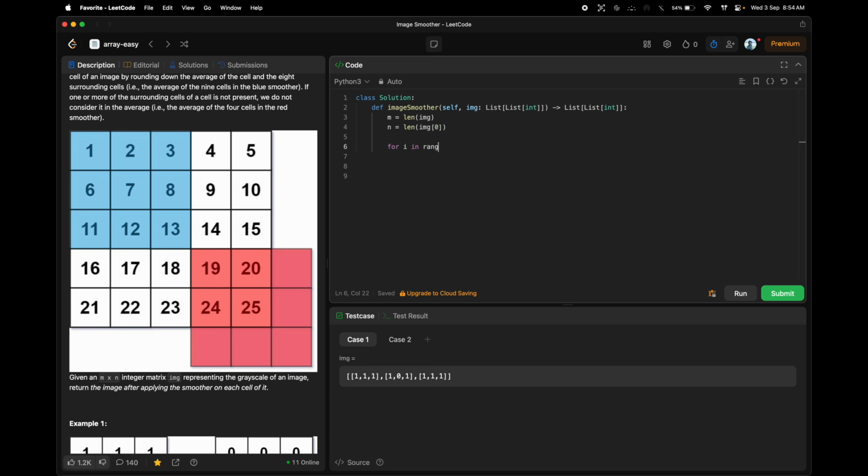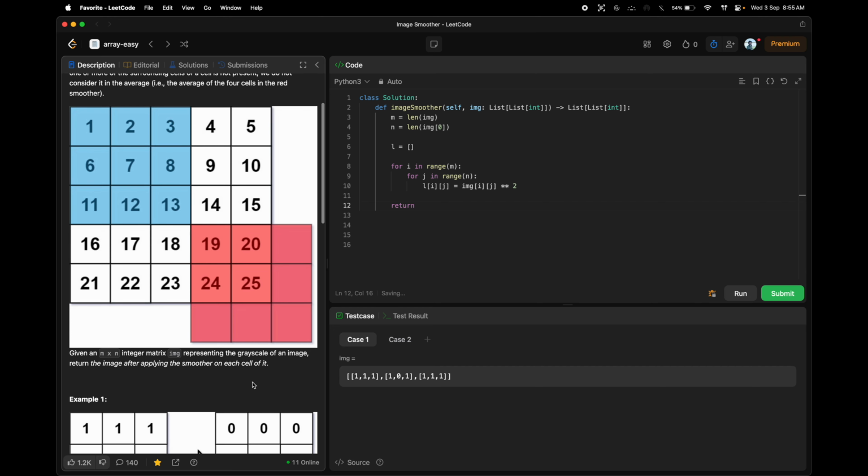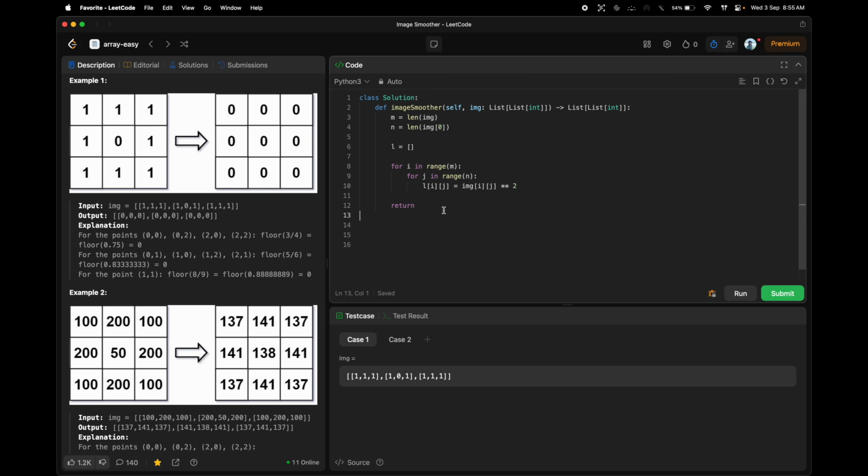Now for i in range m, for j in range n, let's make another l equal to something. l[i][j] is equal to image[i][j] times 2. Let's see, I want to do this, and in the end I just need to return the l.